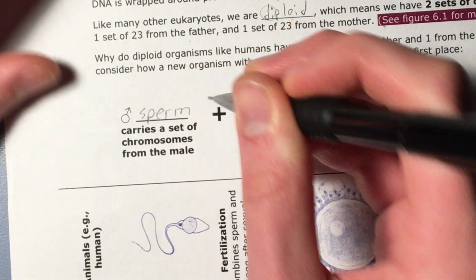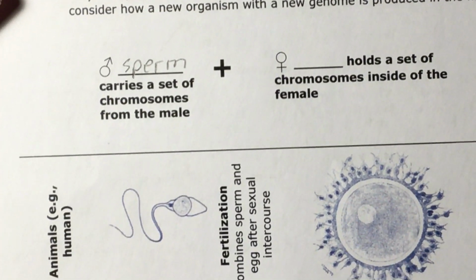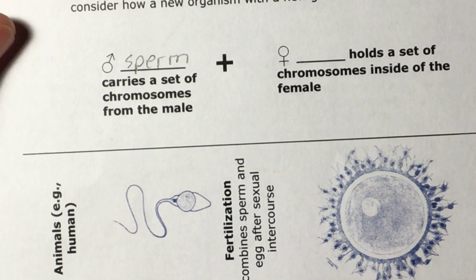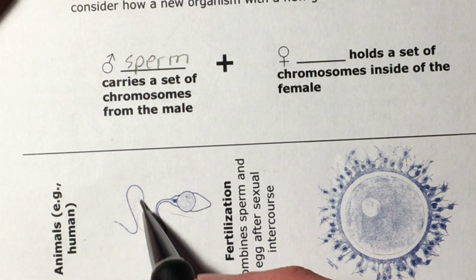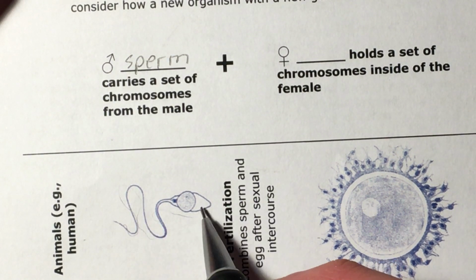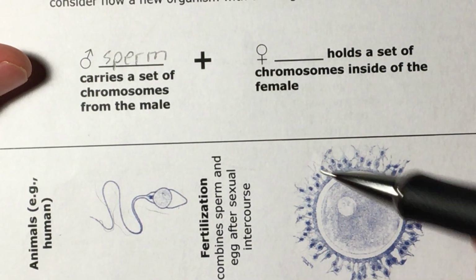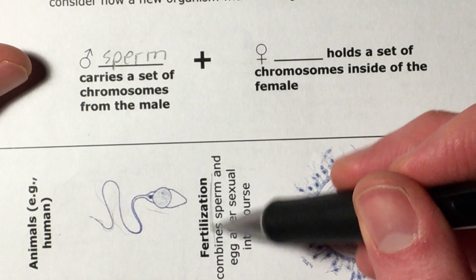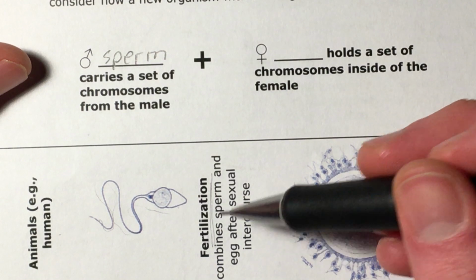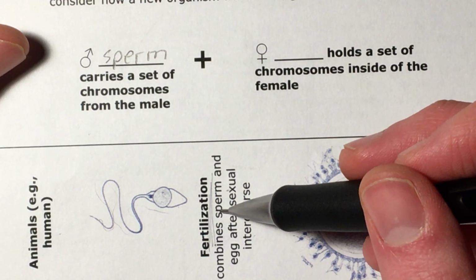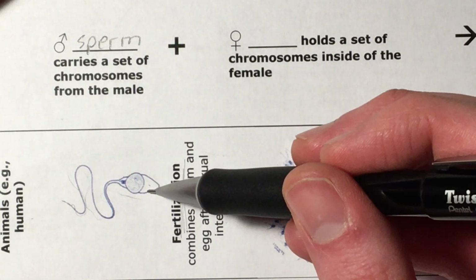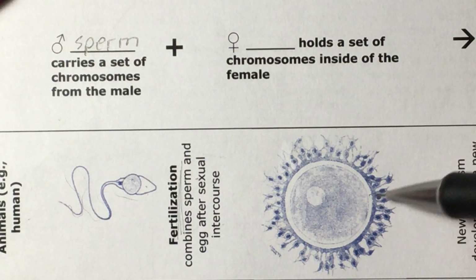Sperm carries a set of chromosomes from the male. In animals, such as a human, sperm cells typically look like this. So this is a male cell, okay? Fertilization happens after sexual intercourse. Fertilization is when the sperm cells are going to be swimming to the egg inside of the female.